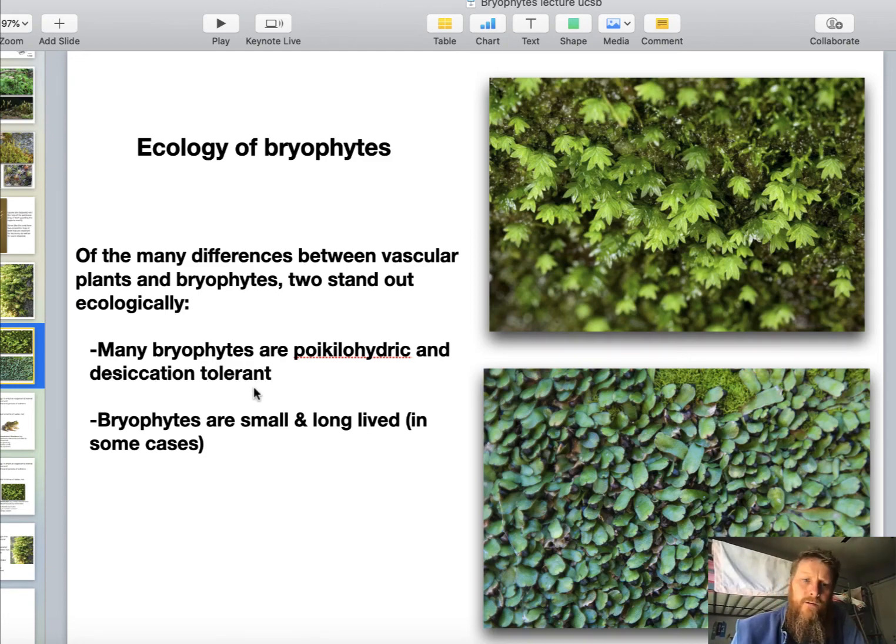And then the other feature that we won't talk about too much, but that is certainly important, is the issue of scale. Bryophytes tend to be very small, and so their interaction with things like wind, evaporation rates, and surface tension of water tend to be very different from the larger organisms.